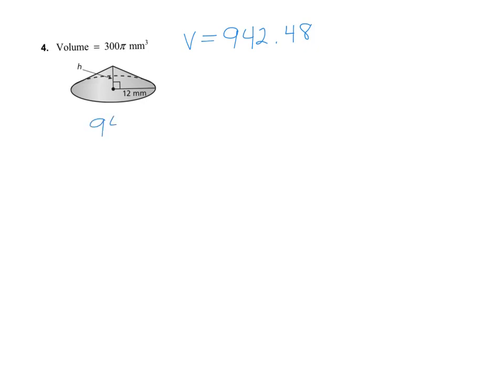Volume 942.48 is equal to pi times radius squared, so that's going to be 12 squared, times the height, which we don't know, divided by 3. How do we get rid of that divided by 3? That's right, we multiply both sides by 3. We're going to use those inverses.